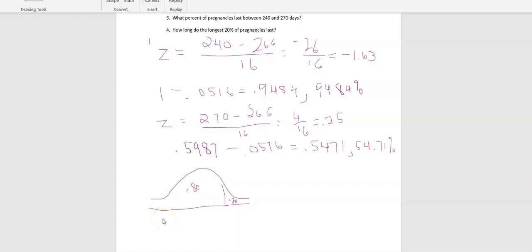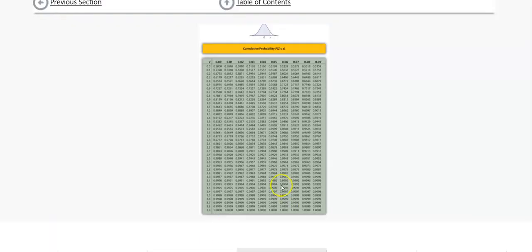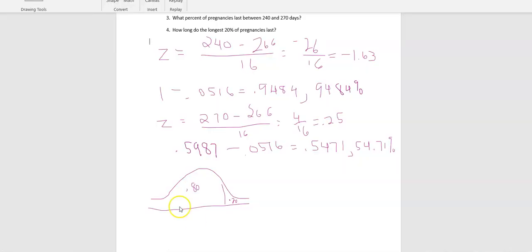So we need to find in our chart the closest thing we can to 0.80. All right, so in the body of the chart, the closest thing we can find to 0.80 looks like it's 0.7995, which comes from 0.84. All right, so our z value is 0.84.